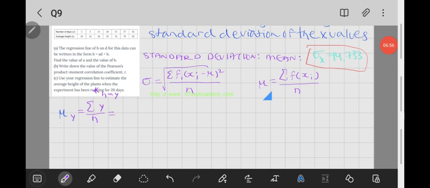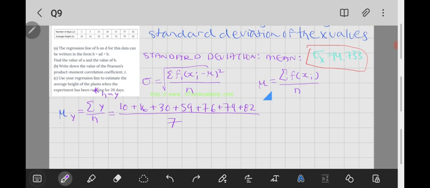Now calculating the mean of our y values, where y is equal to h, divided by n, we have 10 plus 16 plus 30 plus 59 plus 76 plus 79 plus 82, divided by 7.